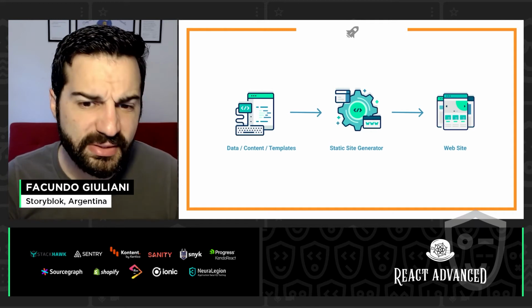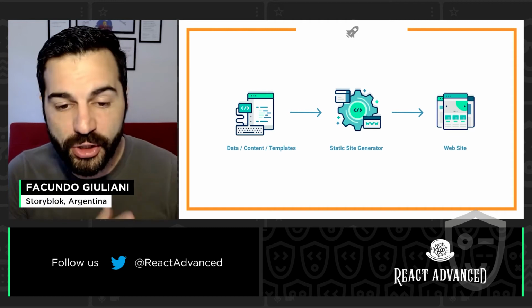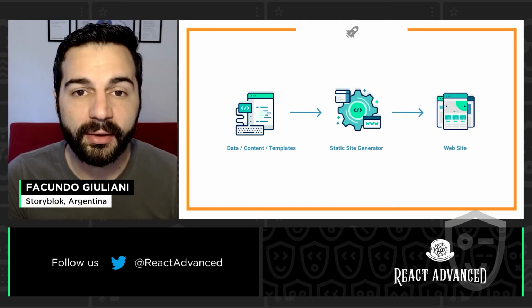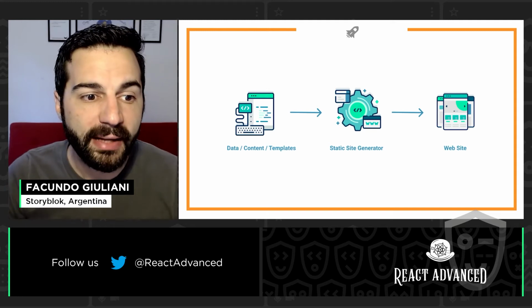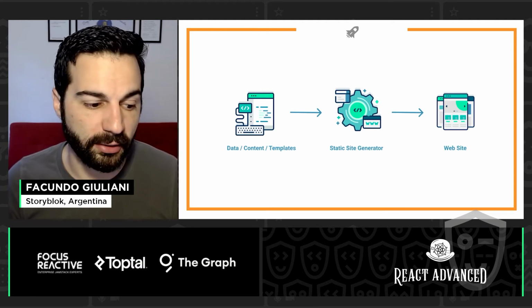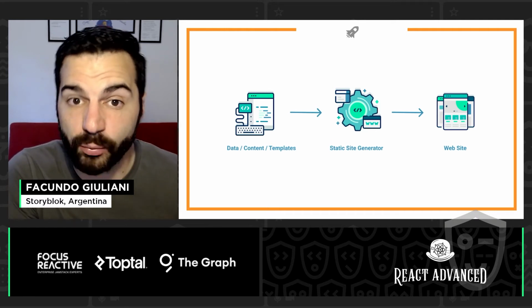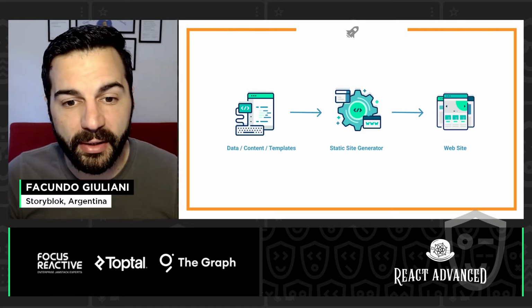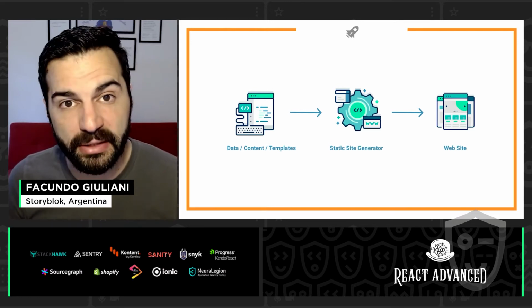So these static assets that we will deploy to the web server later are generated when we run a build process with the static site generator, and all the dynamic content that we generate using the different processing and data sources that we have will be analyzed and rendered at build time.